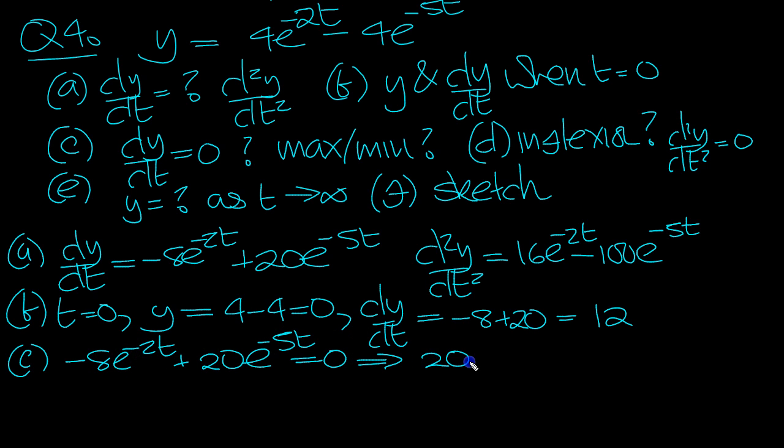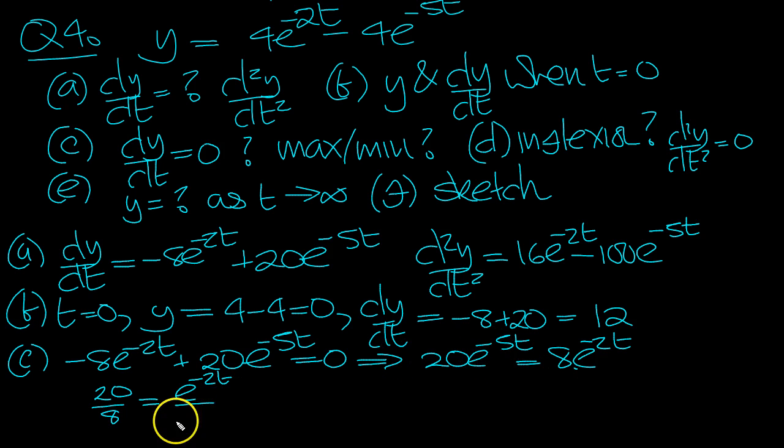So we've got 20 e^(-5t) equals, and move this across the equals, 8 e^(-2t). Now what we'll do is move the 8 down there, so 20 over 8 equals, and we'll move the e^(-2t) underneath, the e^(-5t) down to divide as well.